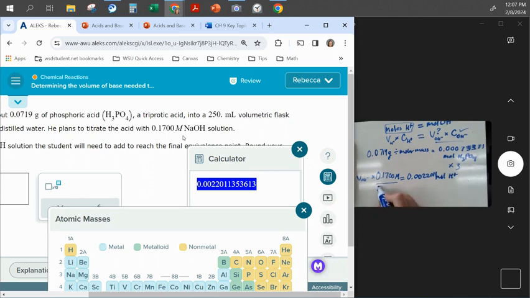We're going to divide by the concentration of the base. So now the volume of the hydroxide, the base that we need, is this value divided by 0.17. So we need 0.012947. This is liters.